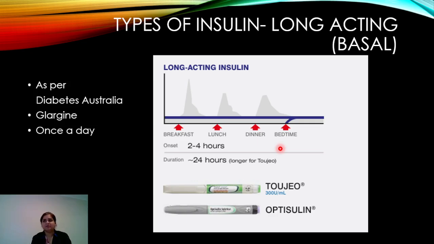Some people may need assistance with their insulin injection, so they can't have their insulin at night, so we sometimes go and administer it in the morning as well. But the thing to remember here is it is a basal insulin, and it is going to work for a longer duration, maybe between 12 to 24 hours somewhere.